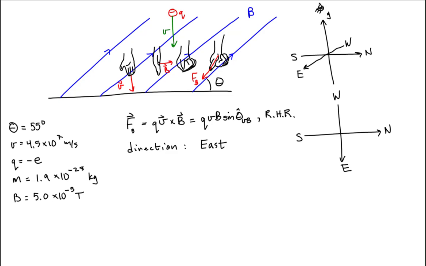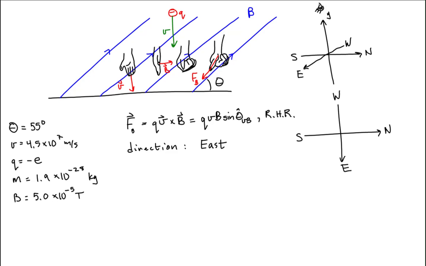Now this muon is negatively charged. What that means is the direction of the magnetic force on the muon is opposite to the direction given to us by the right-hand rule. So the actual direction when we write down our final answer should be in the westward direction for this muon.